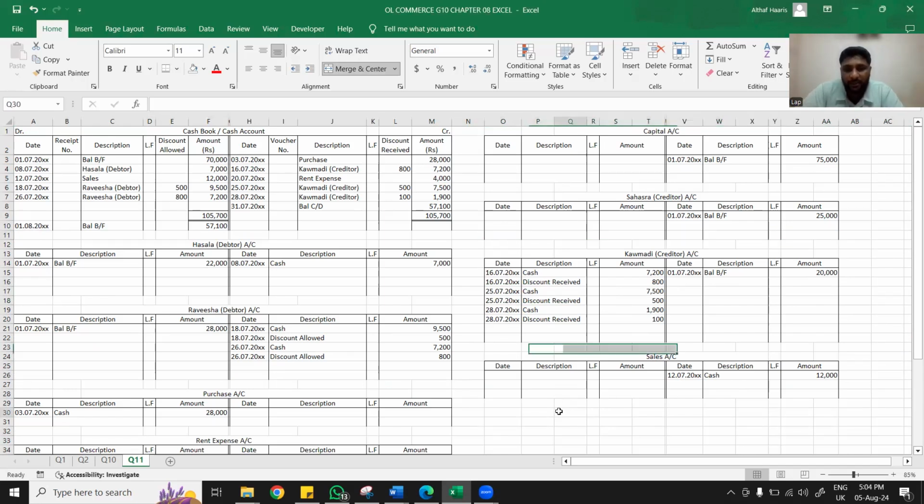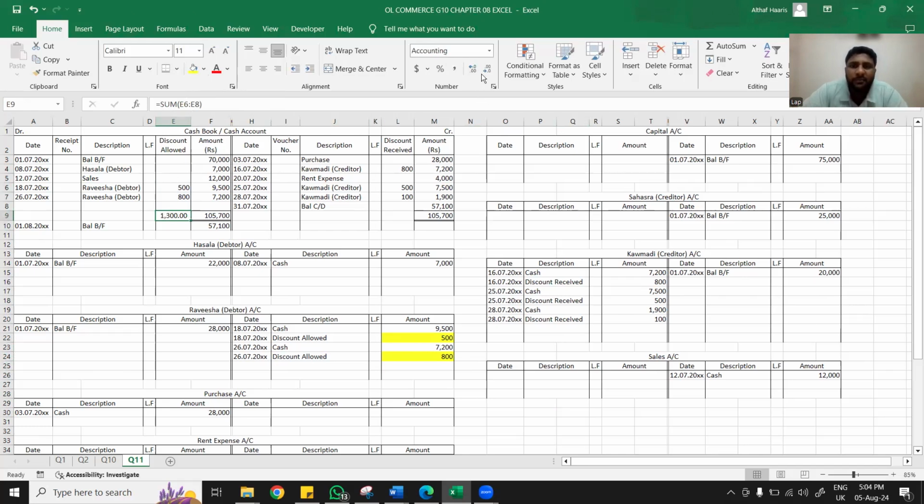Okay. In this question, as I told you previously, the discount amounts are there. These amounts we have credited, but debited temporarily. Temporarily only we have debited here. So we have to debit it for the correct discount allowed account. So let's do it. 1,300 is there.